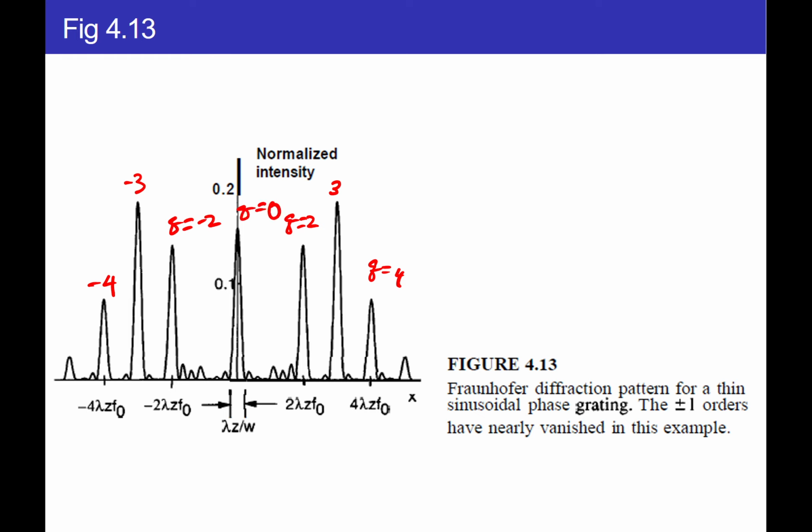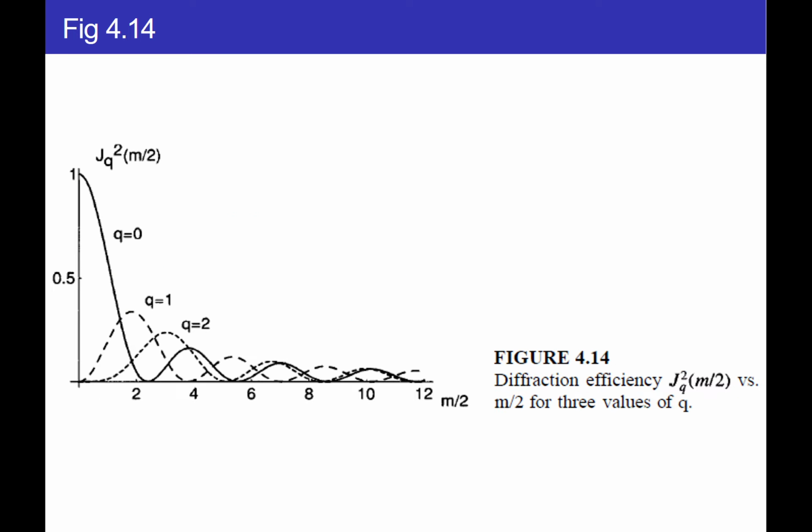So the phase grating spreads the incident wave more widely, and remember that it goes on infinitely. q goes to infinity, and q goes to minus infinity. Okay, so it just spreads out like this, and its amplitude is decreasing.